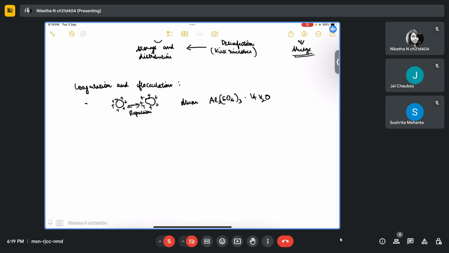When we add alum to water containing such particles, the charge will get slightly neutralized. When the charge gets neutralized, there will be some force of attraction acting on the particles. So the particles will come together and form a bigger particle. So this is coagulation.